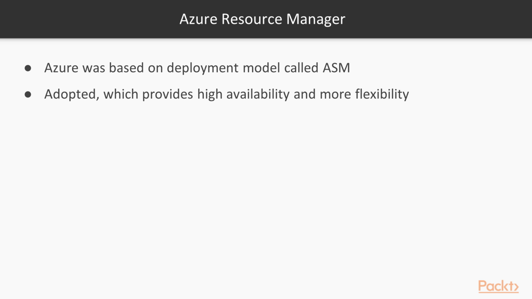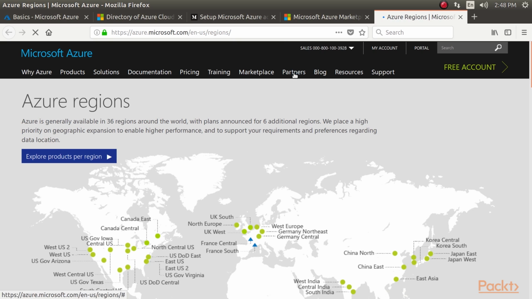Initially, Azure was based on a deployment model called ASM, that is, Azure Service Manager. In the latest version of Azure, ARM, known as Azure Resource Manager, is adopted, which provides high availability and more flexibility. Then, Azure Regions. There are around 34 regions distributed around the globe.